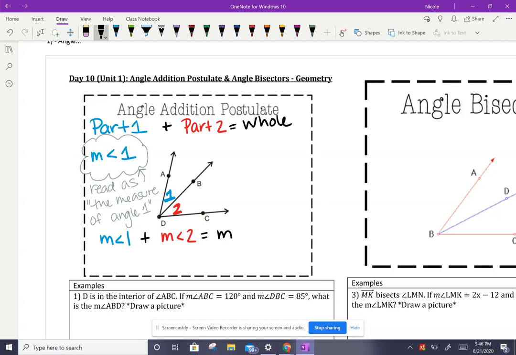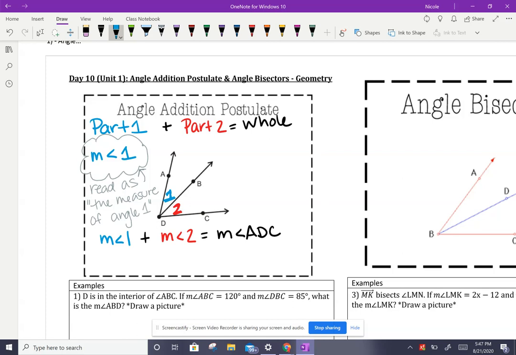I can't say measure of angle 1 plus 2. That doesn't work. When you have the angles numbered like this, you can't add them together to name the bigger angle. Instead, I have to use the points that make up the sides of the angle. So measure of angle ADC. You could also say angle CDA if you want to go the opposite direction, that's fine.